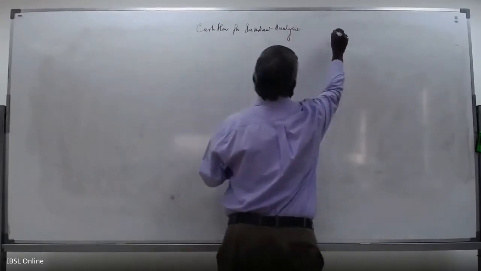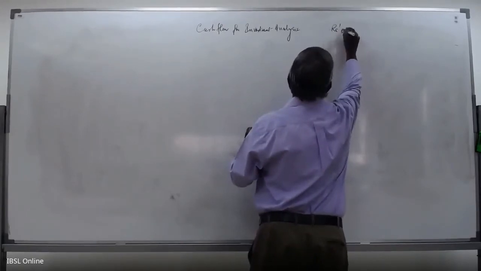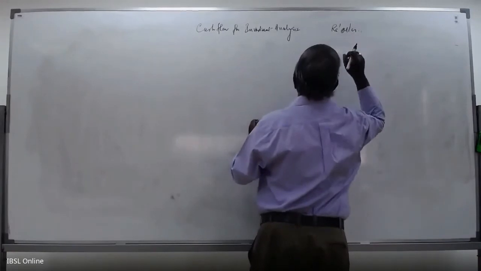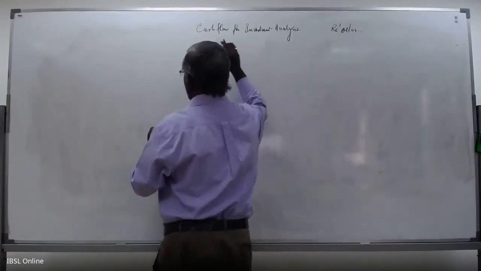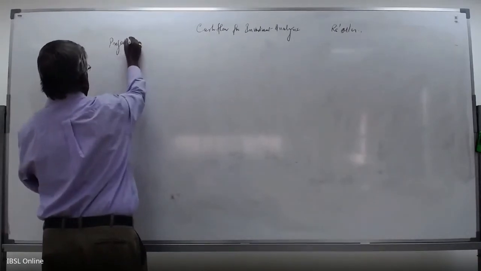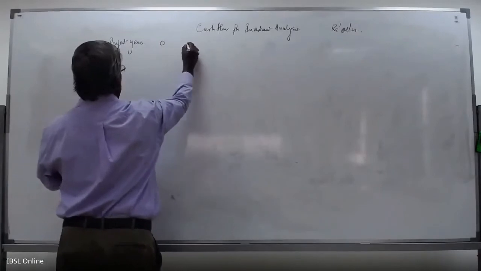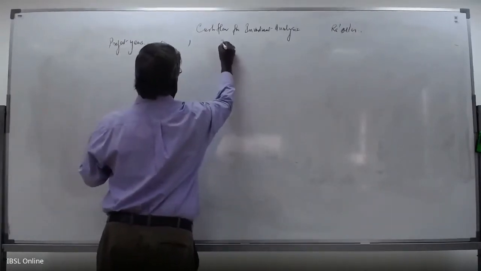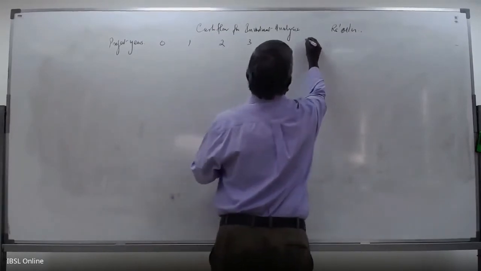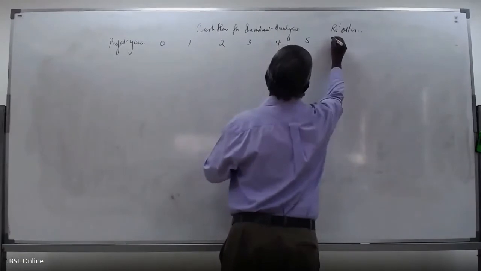And then the currency, it is rupees million. We do it in million. Right. In the project year, zero. Now 1, 2, 3, 4, 5. We are going to sell the machinery. The residual value, year 5.